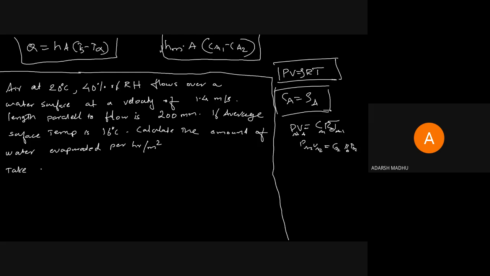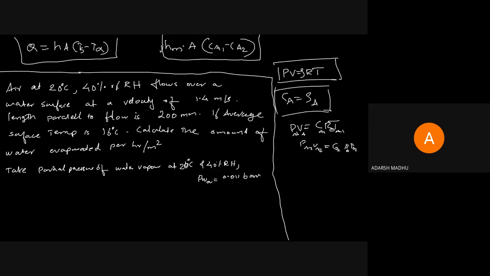There are some values given. Partial pressure of water vapor at 20 degrees Celsius and 40% RH, that is PWA, equal to 0.011 bar.